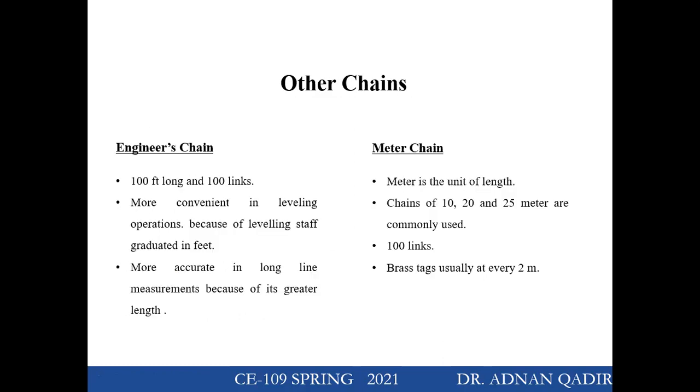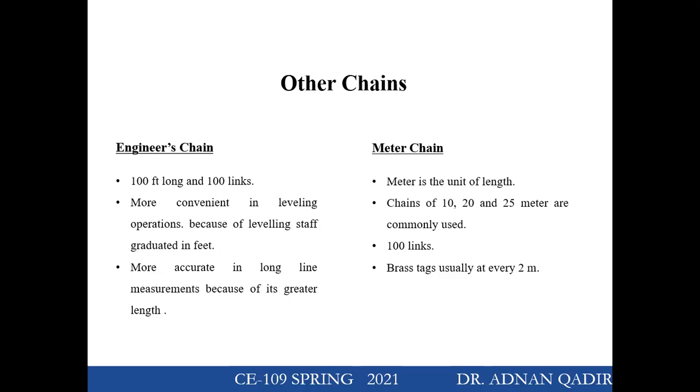Then there are other chains as well, engineer's chains, 100 feet long, 100 links, more convenient in leveling operation because of the leveling staff graduated in feet, and more accurate in long line measurement because of its greater length. In every case, there is always an equivalent of a foot unit, and that is a meter chain.